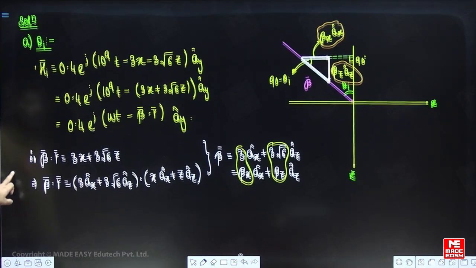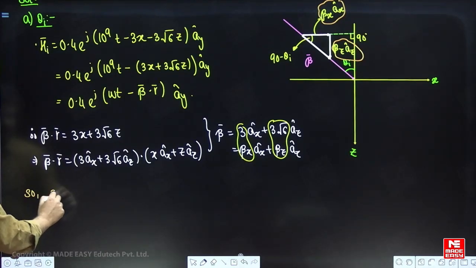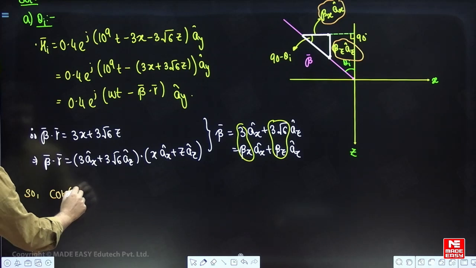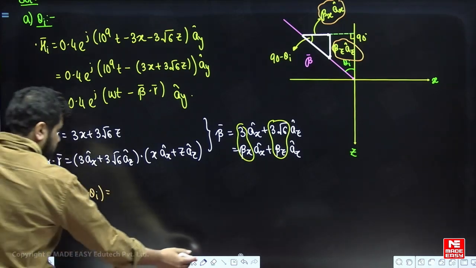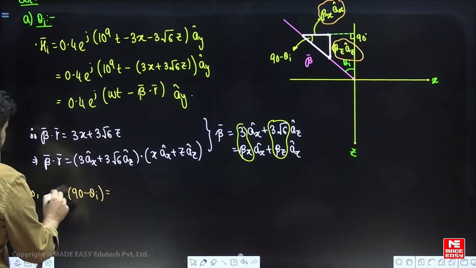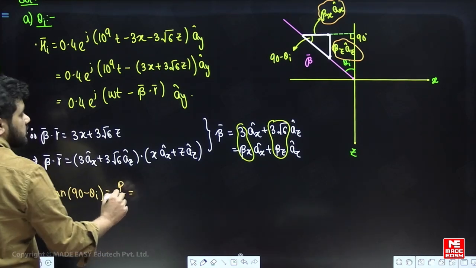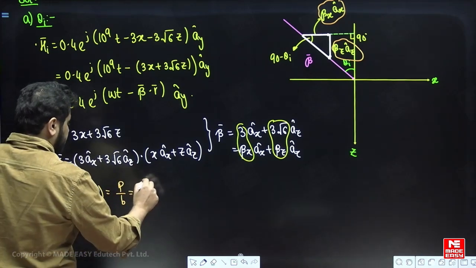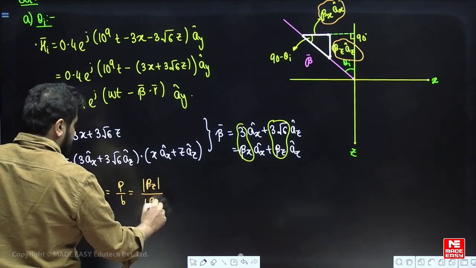From the diagram, what can I see? I can say cot of 90 minus theta I, or directly you can write tan. So tan theta is equal to perpendicular upon base. Perpendicular is mod of beta z, and base is mod of beta x, correct?